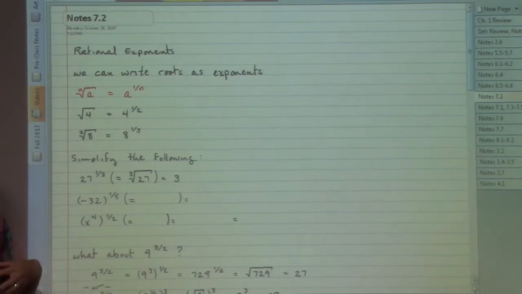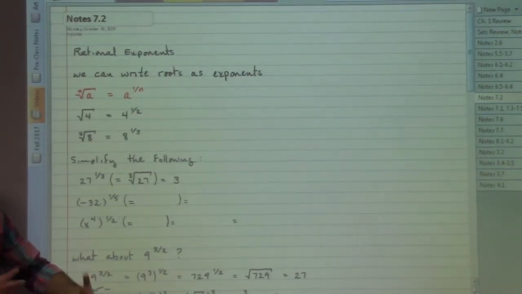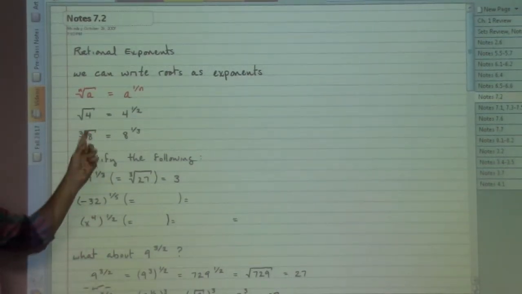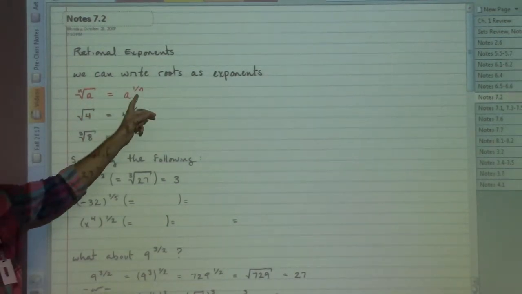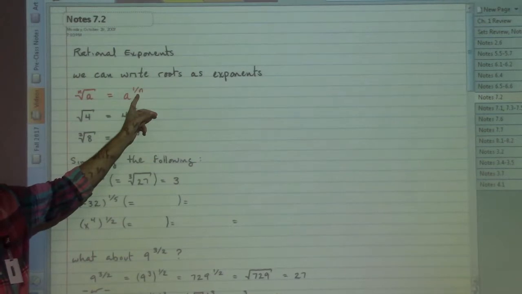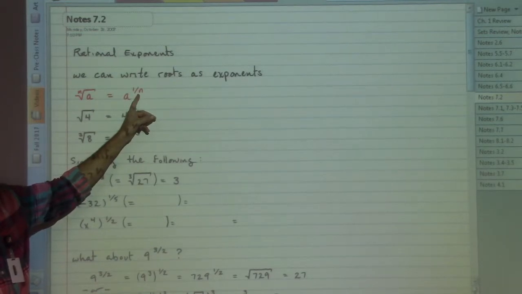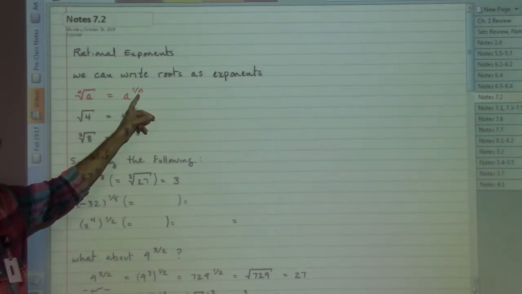And that first rule that connects those together and can bring us back into our rules for exponents is that any root can be written with a power that would be 1 over a number. So depending on what root we have, that would control the denominator that we see in this particular power.